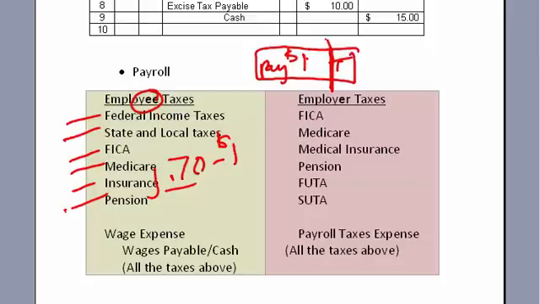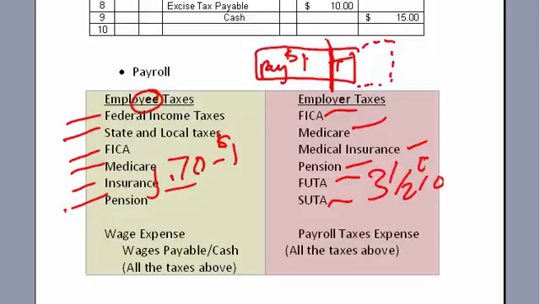The employer then has more taxes that they have to pay on top of that, so they have to match the other 7% of the FICA, any Medicare, any medical insurance, their portion of the pension, and then there's a federal unemployment tax and a state unemployment tax that I think is somewhere around 3.5% combined.